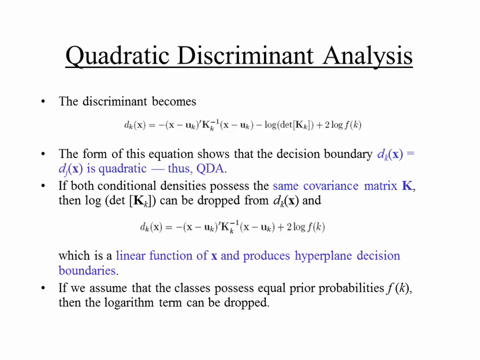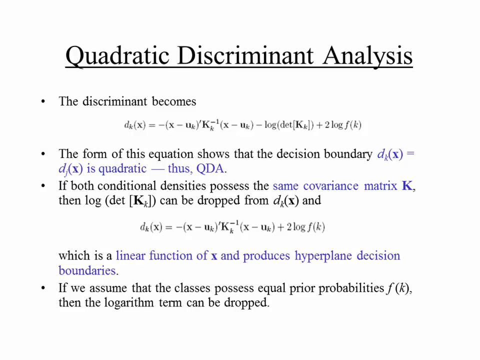So if both conditional densities possess the same covariance matrix K, then log of determinant Kk can be dropped from dk of x, and dk of x becomes this, which produces hyperplane decision boundaries. Well, not quite. This is not a linear function because it's still quadratic, right? It's only when you compare dk and dj that the linearity will come, because the quadratic terms are the same on both sides.